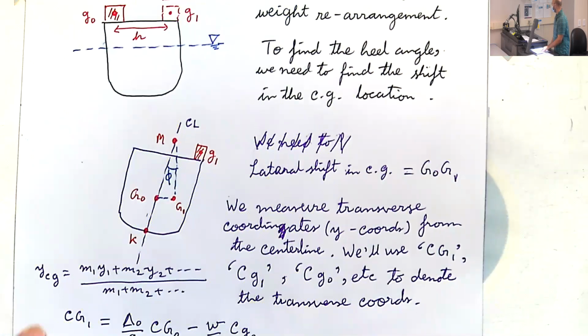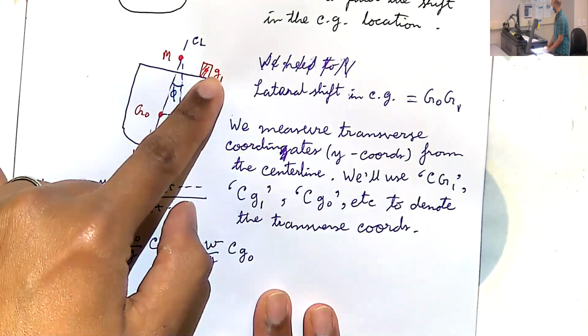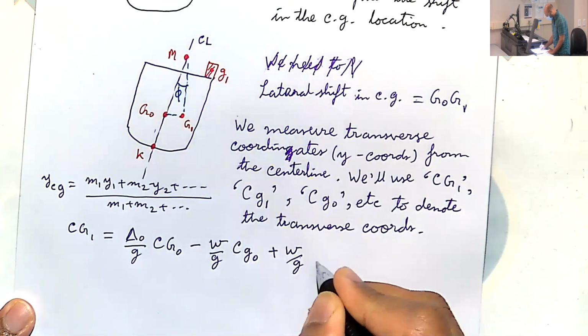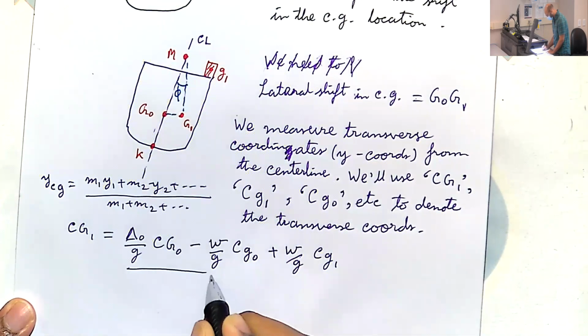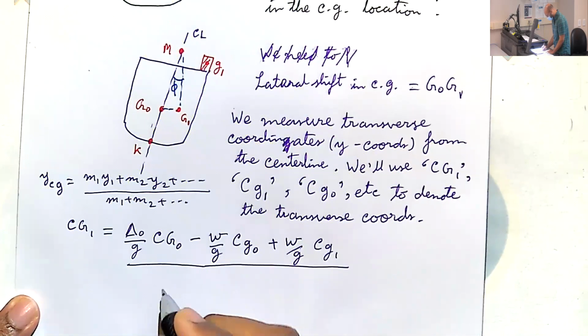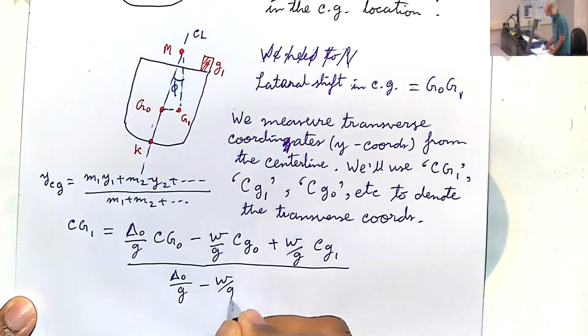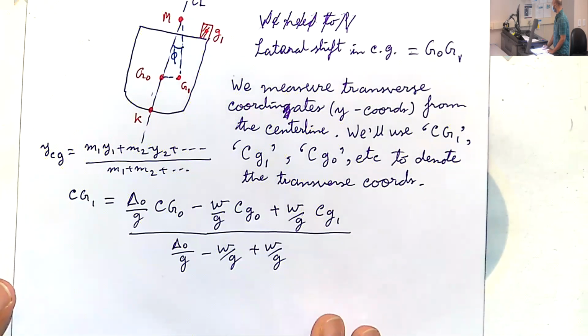Okay, and then since we've put that mass over here, that means we've added the mass. So plus W over g, times little CG1. And on the bottom we just have delta 0 over g minus W over g plus W over g. Is that good?